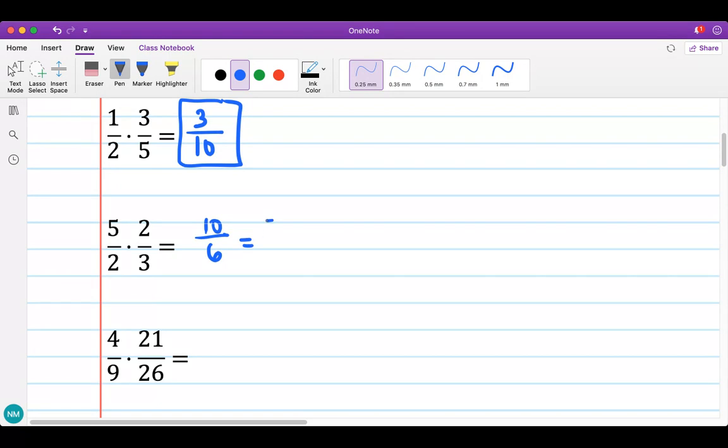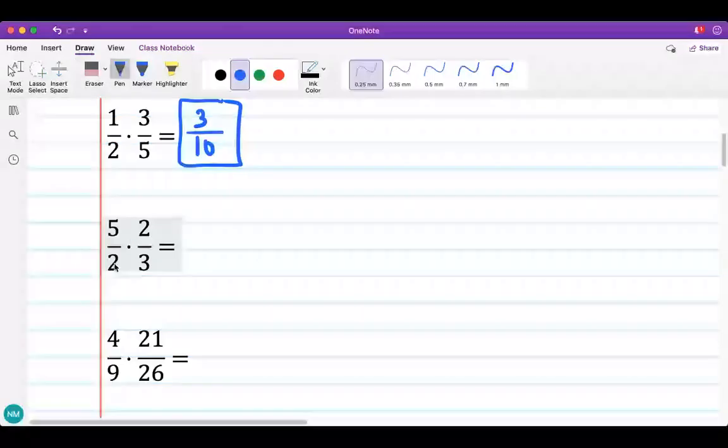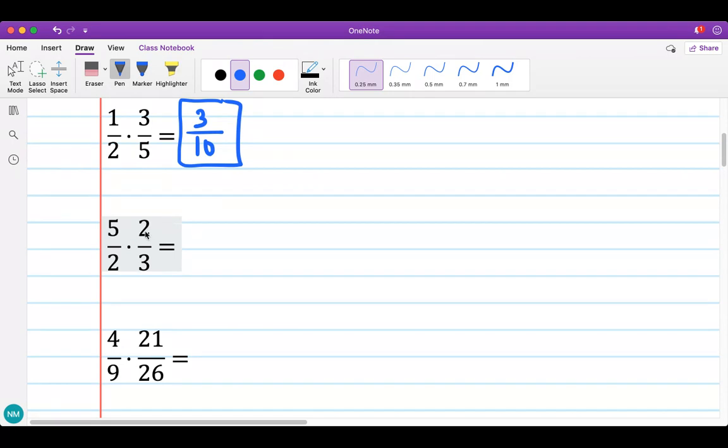But I'm going to encourage you to do it differently, because when we do rational functions, this is the way that's going to be easier. Look for ways to simplify within here. Are there any common factors between the numerator and the denominator? Yes, we can cross simplify these 2's out. These 2's cancel out, and it becomes 1/1. So 5 times 1 is 5, and 1 times 3 is 3, and 5/3 is your answer.